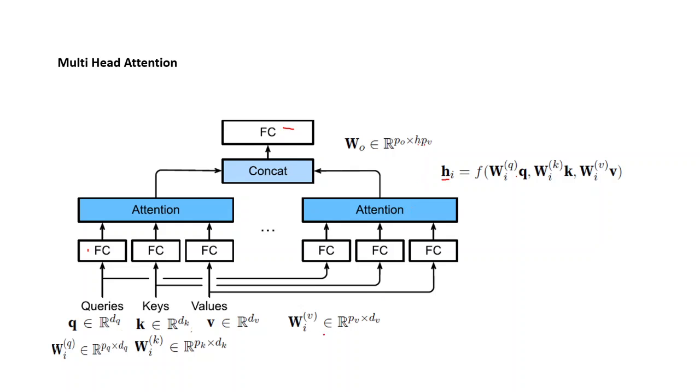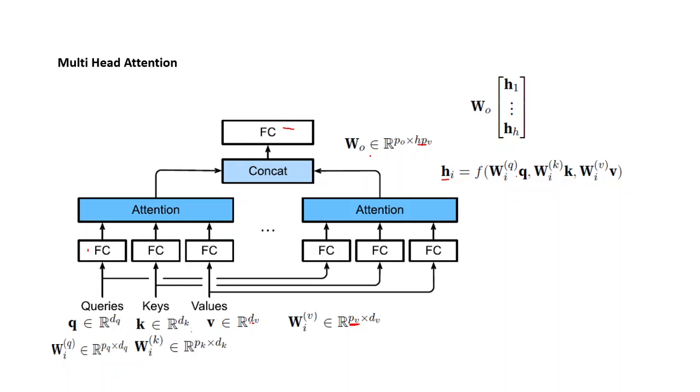Since the value here is of dimension dv, multiplying by the weight of dimension pv into dv gives you a value of dimension pv. So we have h such pvs, and from there you get h into pv. So this is your final multi-head attention.